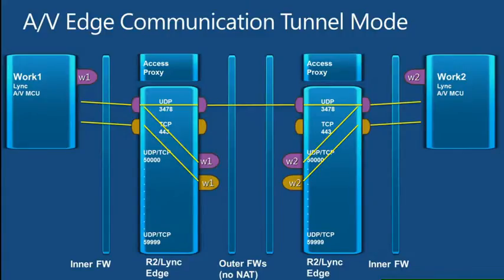It wouldn't be really helpful if they could have only one media session at a time. So the trick we are doing here is we are using a port in the 50K port range as a source port. So we establish a connection from 50,000 whatever to 443 in order to be able to do desktop sharing and file transfer and the fallback for audio video if we need to.